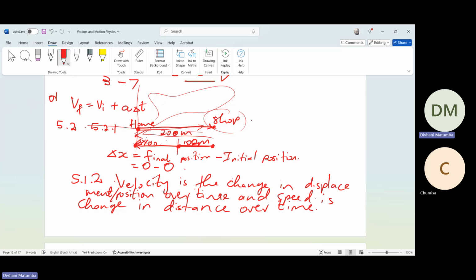So there's a difference. When you're talking about velocity, you're talking about a vector. Therefore, velocity is the change in displacement. Displacement is also a vector. But when you're talking about speed, speed is a scalar. So the speed is the change in distance. Distance is also a scalar.